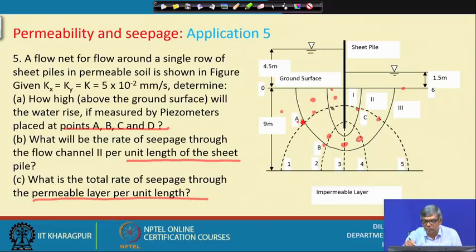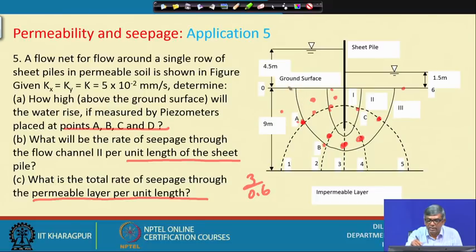There are 6 drops actually, so each will be 3 by 6. So, in each drop the head loss is this much.